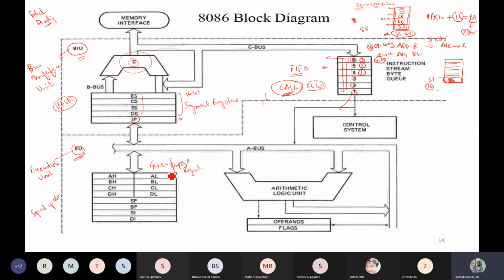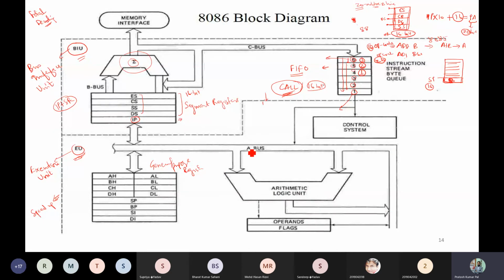So whatever instructions are there, with opcode and operand, based on opcode and operand the control system will accept the data, and with the help of general purpose registers it will perform the arithmetic and provide the output. Okay, so this will be the output, and this output will be placed onto the data bus, and this data bus will provide the output to any general purpose register. So the saving of the data is done.